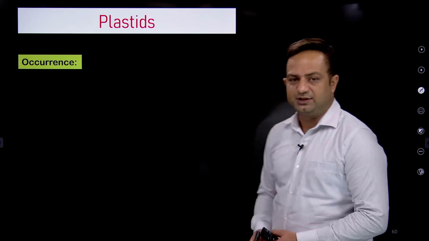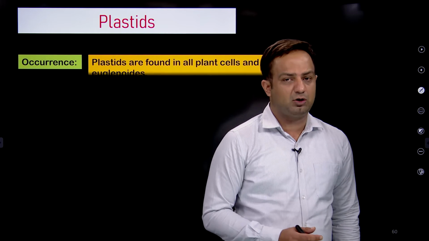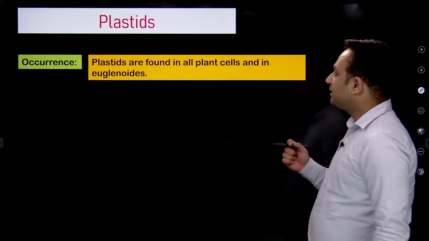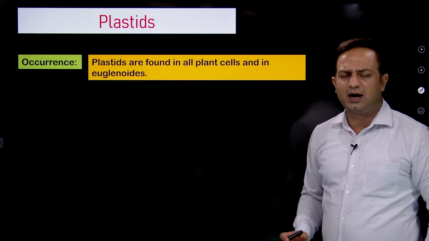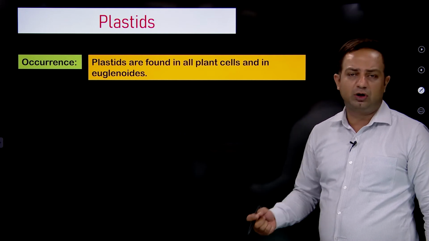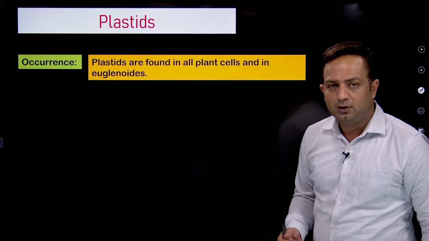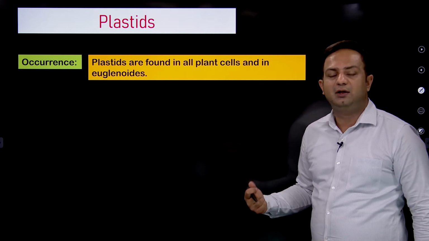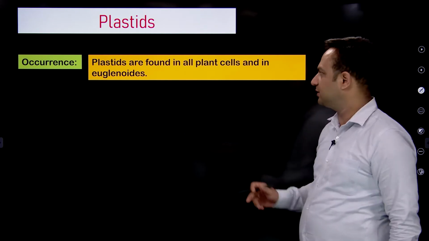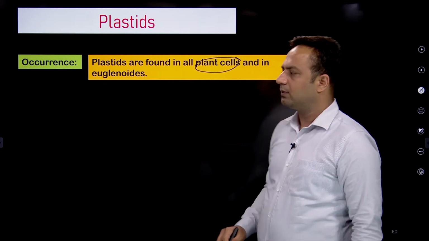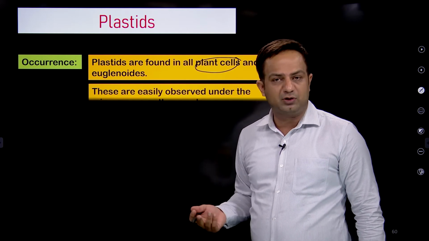Next, plastids. Plastids are another kind of double membrane bound cell organelle, the second type. These plastids are found in all plant cells, meaning eukaryotic ones. We can see them from the members of algal protists to the kingdom Plantae, not in the fungi. Plant kingdom and kingdom Protista.